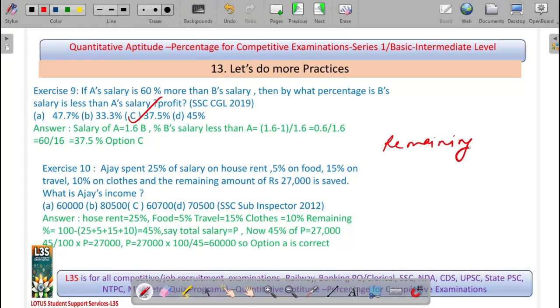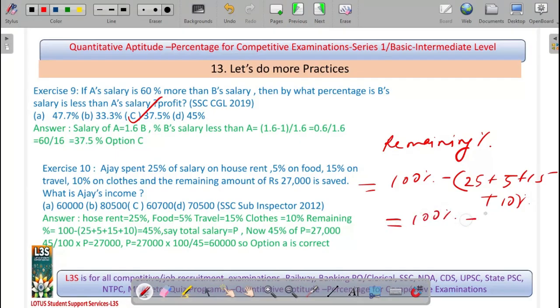We know the remaining amount, but how will we find the remaining percentage? 100% minus what they have given: 25% on house rent, 5% on food, 15% on travel, and 10% on clothes. So 100 minus 55, it's equal to 45%.